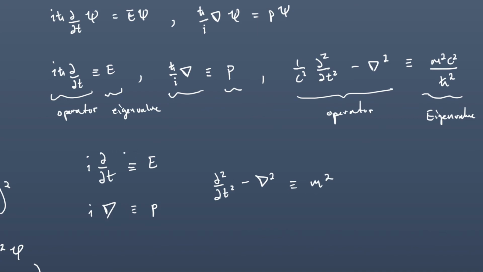So we have an operator associated with energy, an operator associated with the momentum, and an operator associated with the mass. This is the crux of the Klein Gordon equation. This is the something interesting that we get from it, where we have operators associated with given eigenvalues.